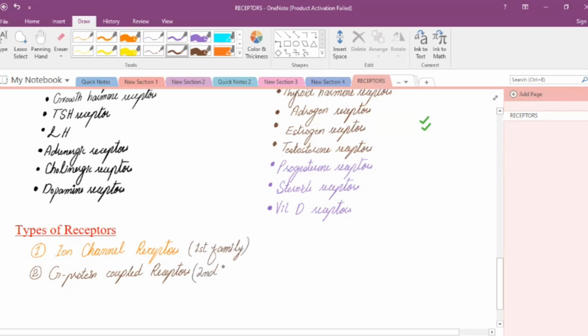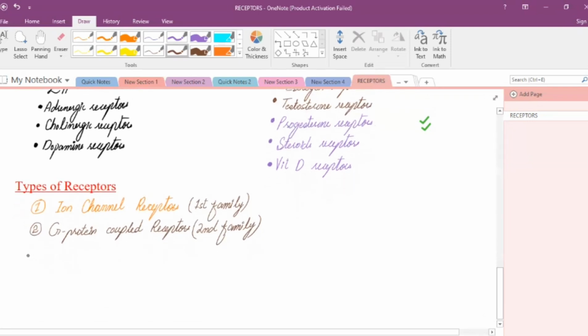The third one is enzyme linked receptor. This is the third family.